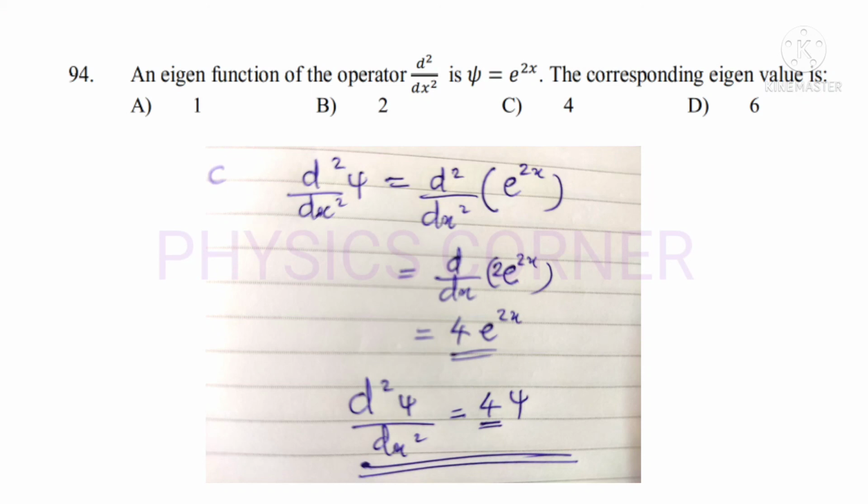So d square by dx square is the operator here which operates on the eigenfunction psi, and the eigenvalue for this eigenfunction is just 4, right? Option C is the answer.